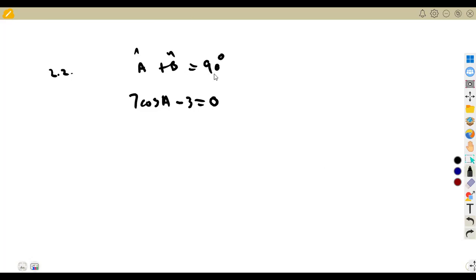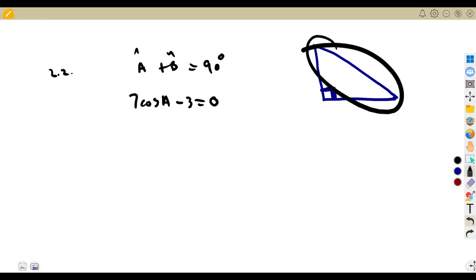If A and B add up to 90, it means we can form a right angle triangle. Why? On a right angle triangle, one angle is 90 degrees. That's why we are calling it a right angled triangle. The remaining angles are going to be complementary.